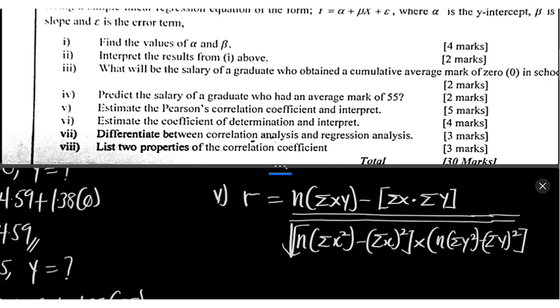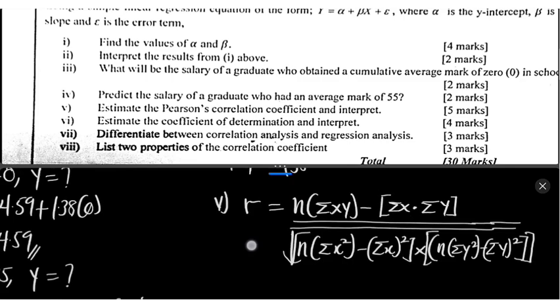So this is how we estimate the Pearson correlation coefficient. Here we have a new variable introduced, which is y squared, but that is not captured in our table above.